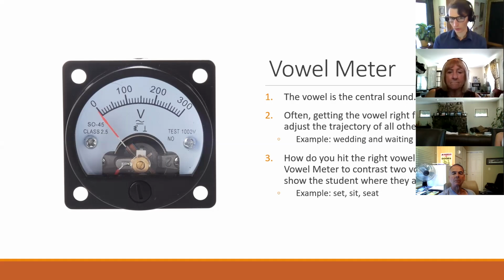Okay. I like to contrast two vowel sounds together because if they're missing it, I have to tell them these are related sounds, but you're on the wrong side. So let's look at the example under number 3. We have set, sit, seat.